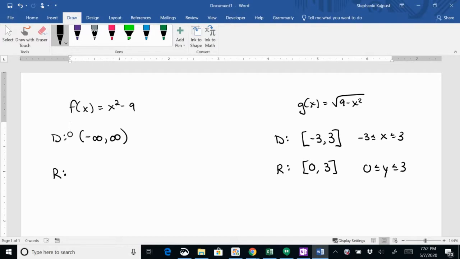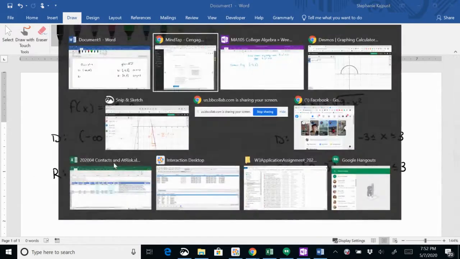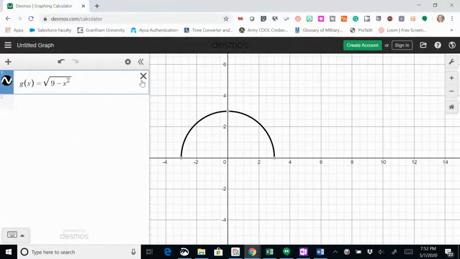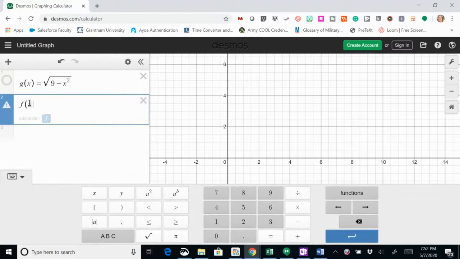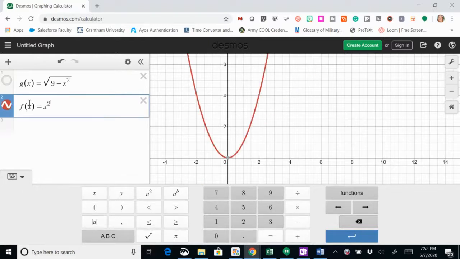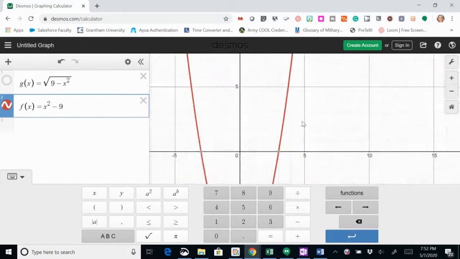Okay, now let's graph our f of x, x squared minus 9, so we can get the range. You can actually find the domain this way too. So f of x is x squared minus 9. I'm going to have to zoom out.